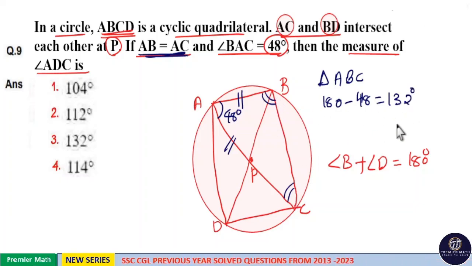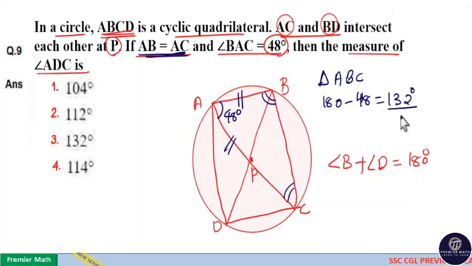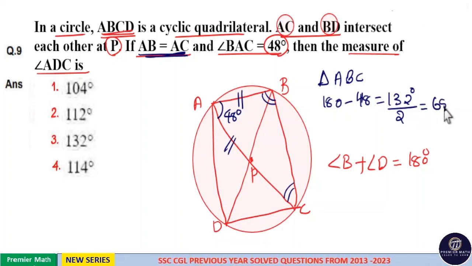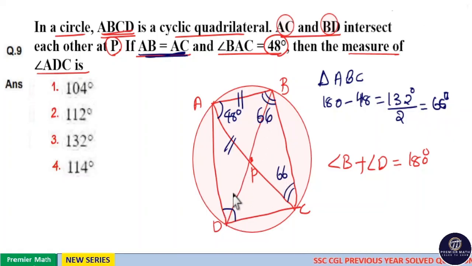These two angles sum is equal to 132 degree. So if you divide it with 2, that will become 66 degree. So this is 66 and this is 66, which means this angle is equal to 180 minus 66, 114 degree. So option 4 is your answer.